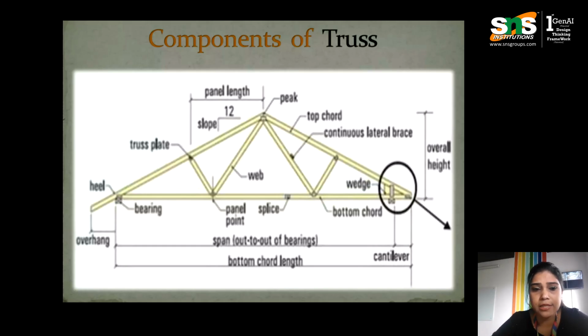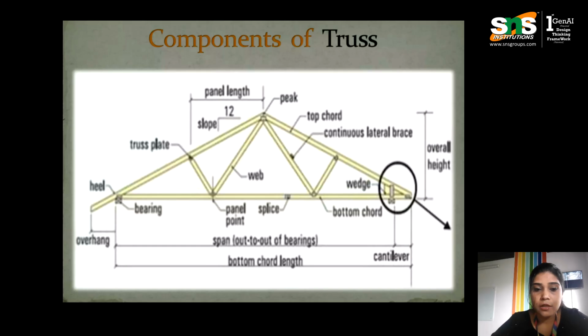In between you can see the webs. These are the internal members, either diagonal or vertical, connecting the top and bottom chords. They provide stability, form triangular patterns, and distribute loads from top to bottom.